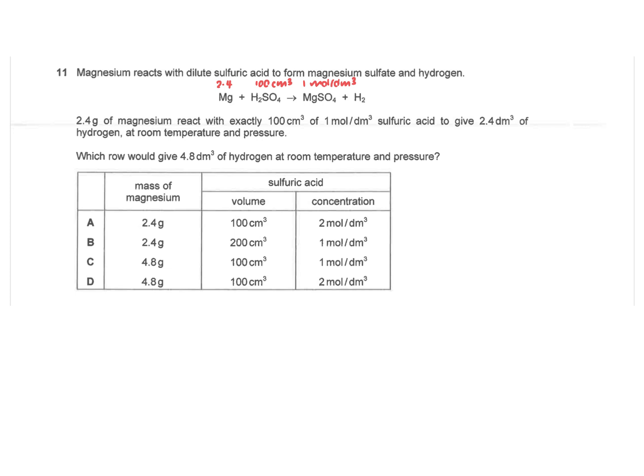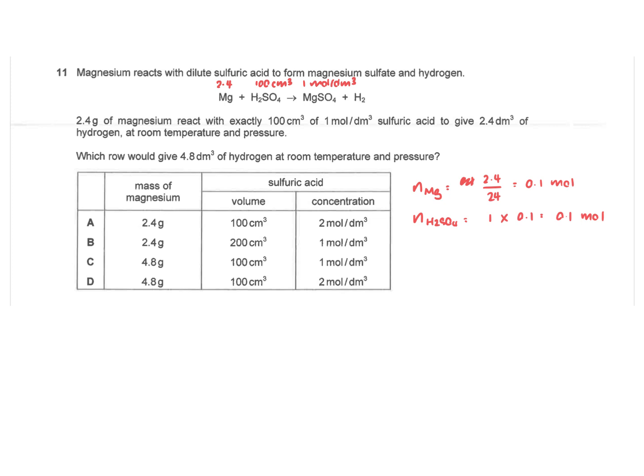So how do we do that is to first find number of moles of magnesium. Given the mass of magnesium, we can take the mass divided by the molar mass. Molar mass of magnesium is 24, and that will give us 0.1 mole. Given the volume and concentration of H2SO4, we can find number of moles by taking concentration times volume. 100 centimeter cube is equivalent to 0.1 dm cube, and that would also give us 0.1 mole.